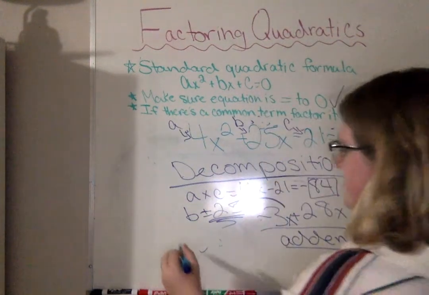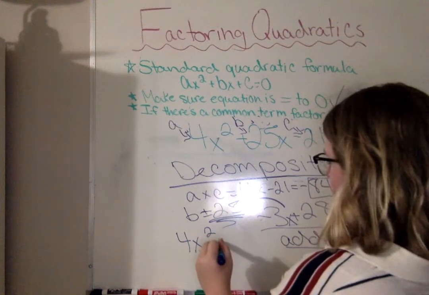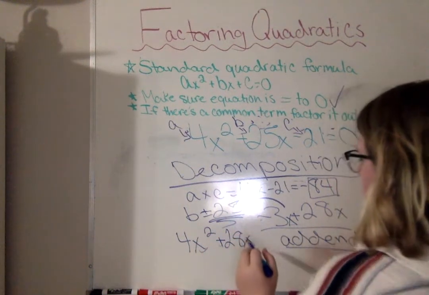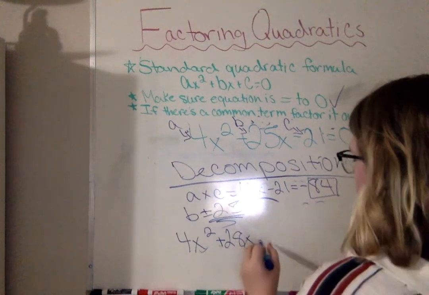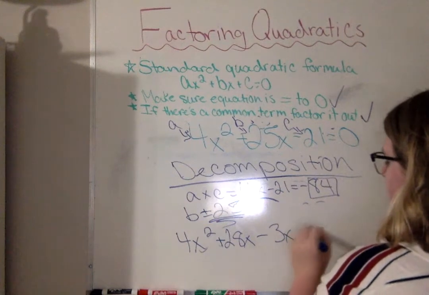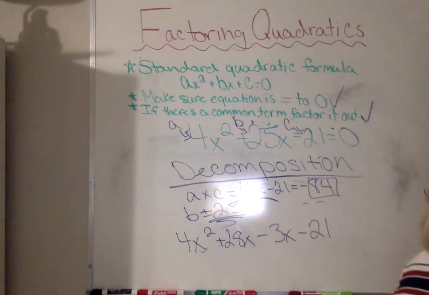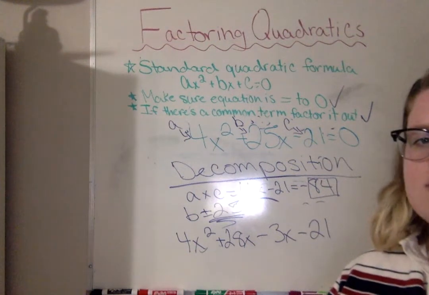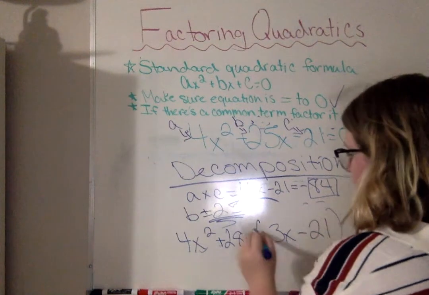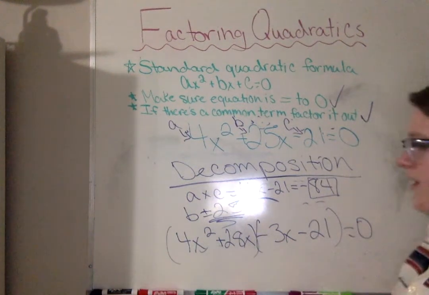So that's going to look like this. 4x squared plus 28x, we're going to erase this, minus 3x minus 21. Now, I'll just give you a sec to follow right along to figure out what you're doing. So these are going to be set up like so, and then it's equal to 0.